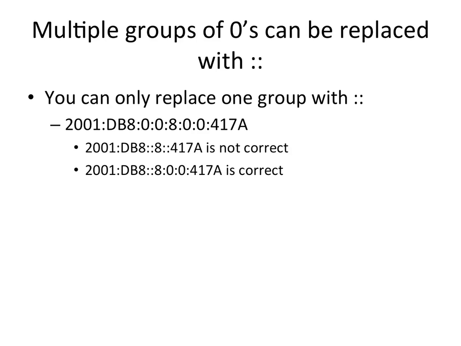So the rule is normally you want to replace the longest continuous group of zeros with 2 colons, or the first one if there's 2 groups. So if we look at our example, we have 2001, the second example, 2001 DB8 colon colon 8000 417A.